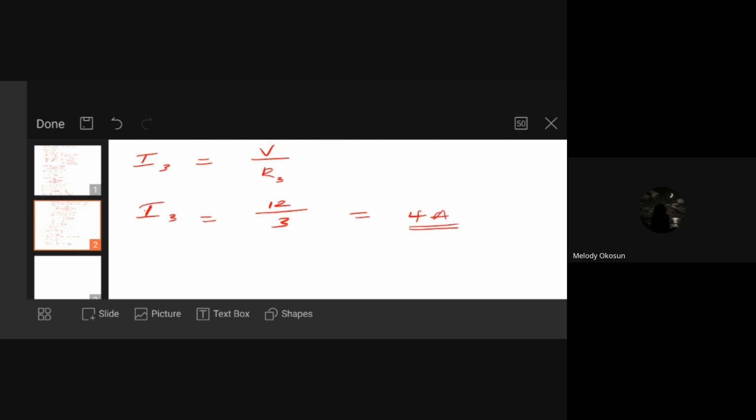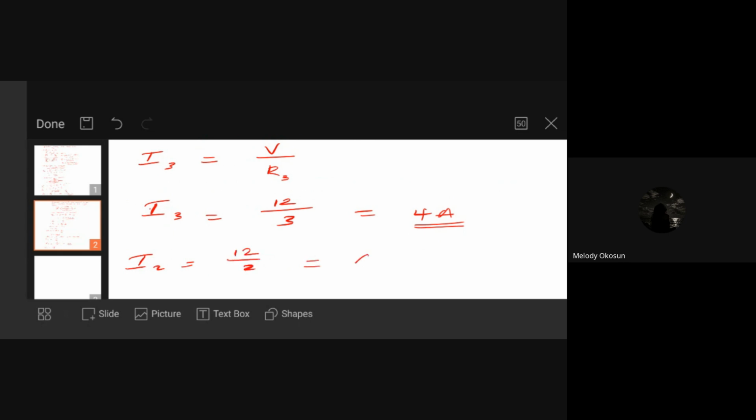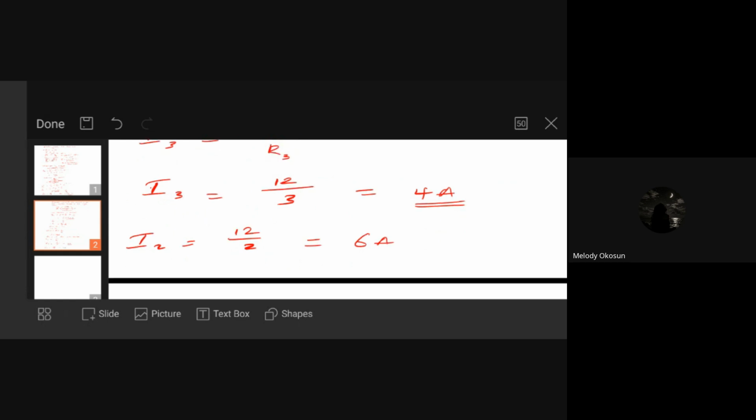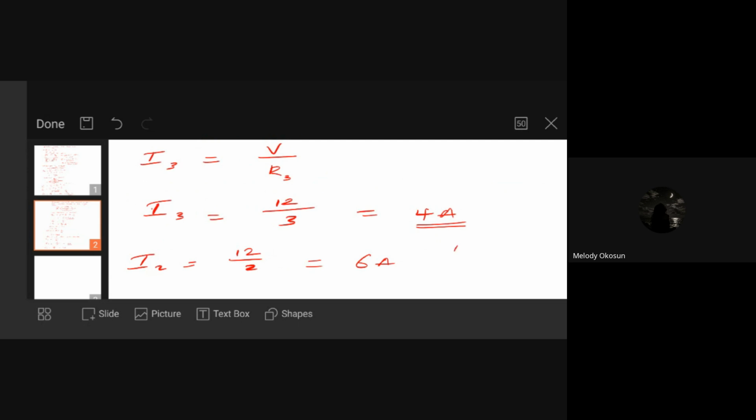If you were asked to find the current flowing through the 2 ohm resistor, I2 becomes 12 over 2, and that will give us 6 amperes. If they ask for the current flowing through the 4 ohm resistor, I can equally do that: I4 becomes 12 over 4, and that will give us 3 amperes.